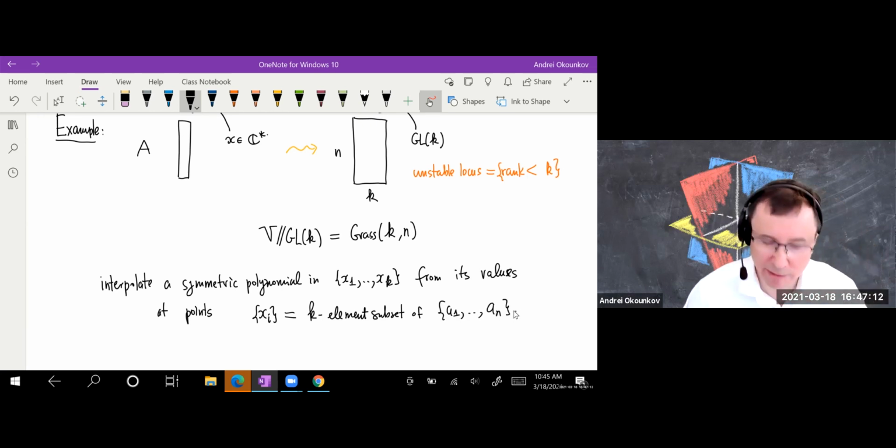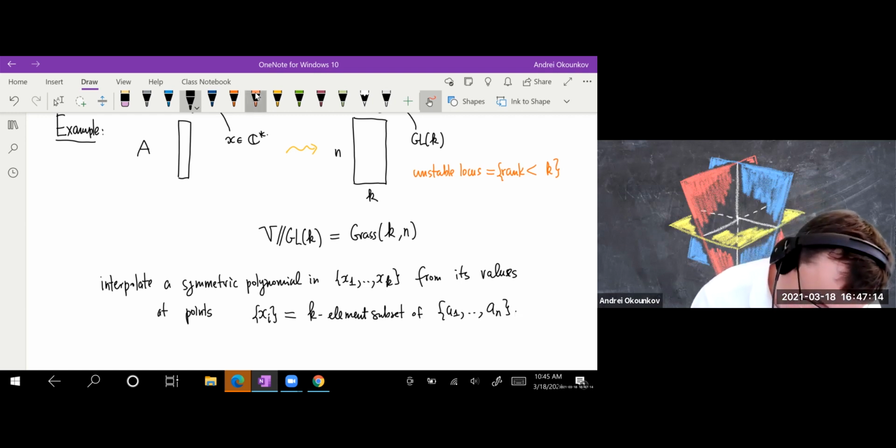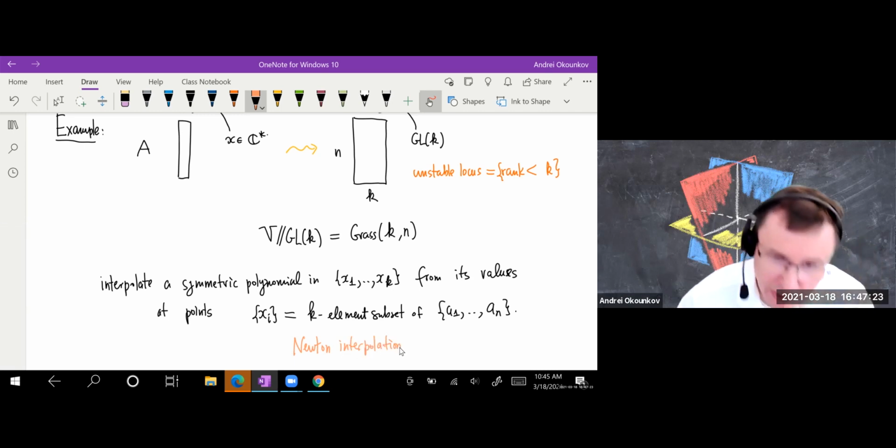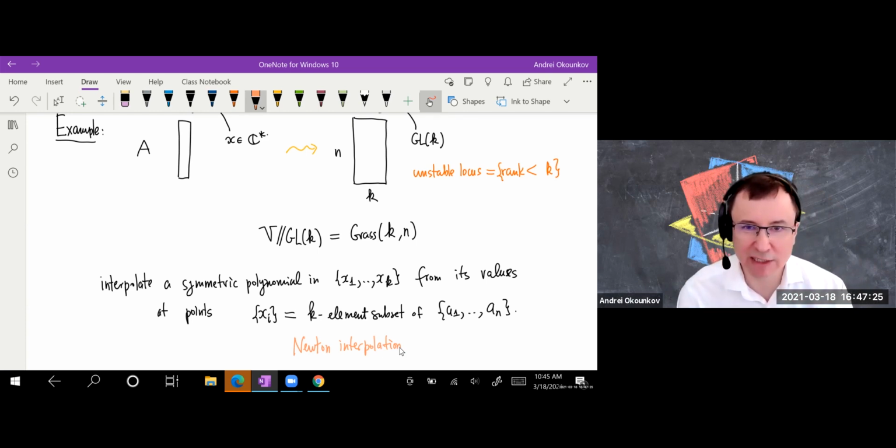It's a very, very classical problem. And in fact this has some very nice features: the corresponding Newton interpolation polynomials. So we talked about Lagrange type of interpolation, and then there's also Newton interpolation.